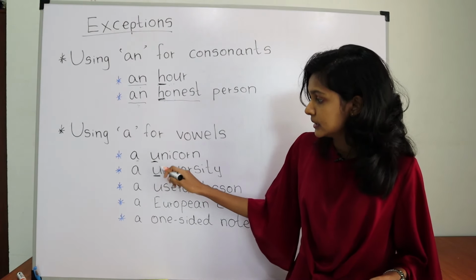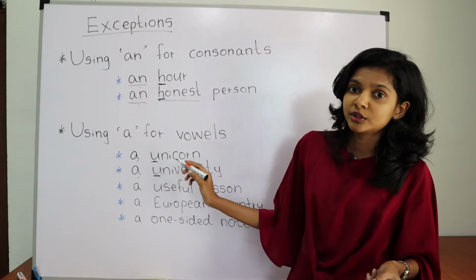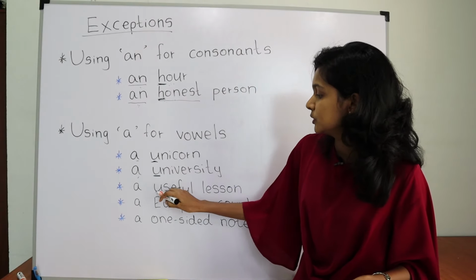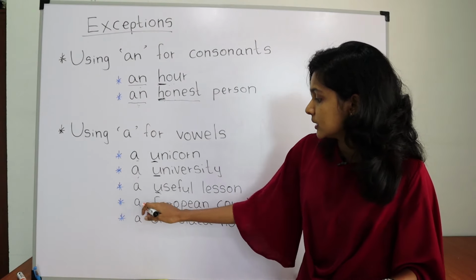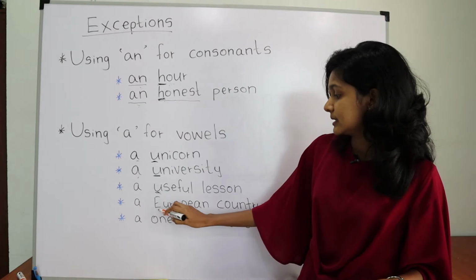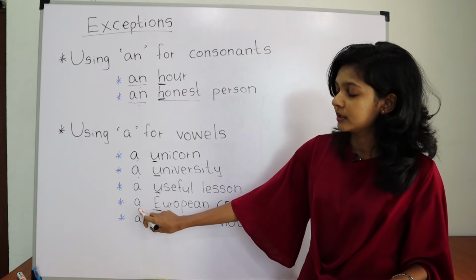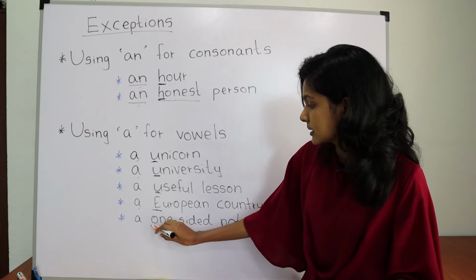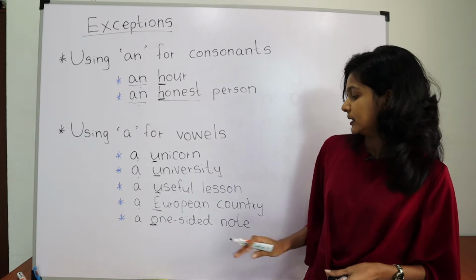U is a vowel and we have to say a university. Don't say an university, that is wrong. A useful lesson. Here the U, and we have to say a useful lesson. Then a European country. This is a vowel but still we should say a European country. A one-sided knot. This O is a vowel. We have to say a one-sided knot.